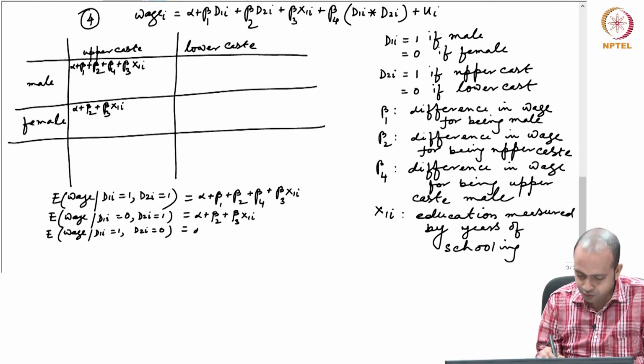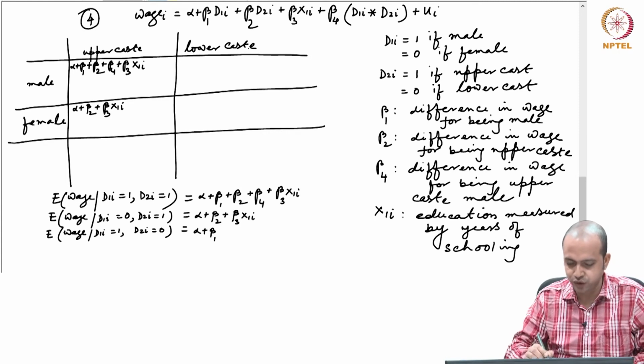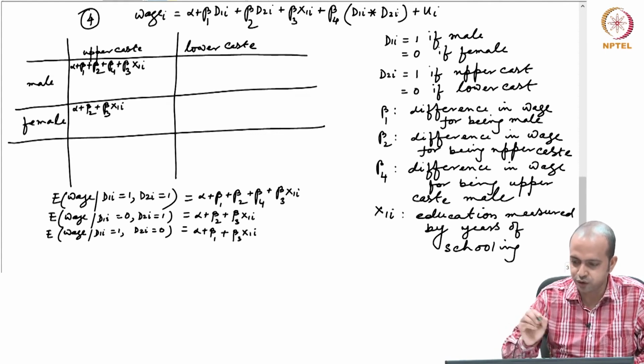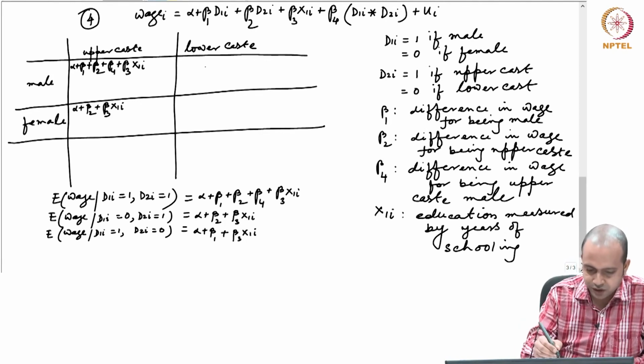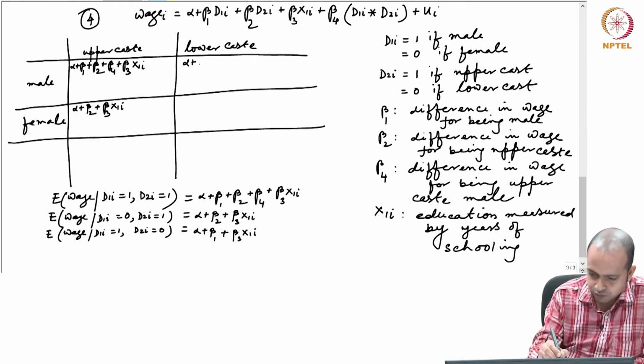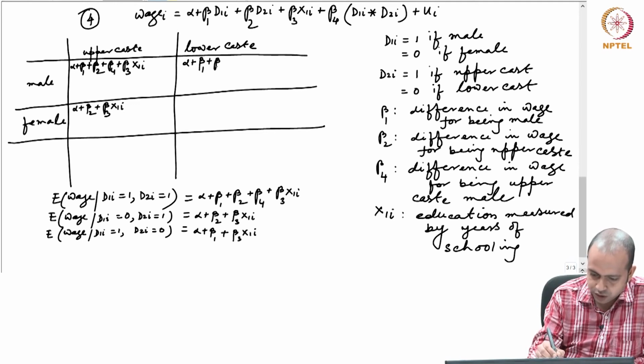So this would become alpha plus beta 1, but beta 2 will vanish, plus beta 3 x1i, and beta 4 will also vanish if I put D2i equals 0. So for male lower caste, this would become alpha plus beta 1 plus beta 3 x1i.